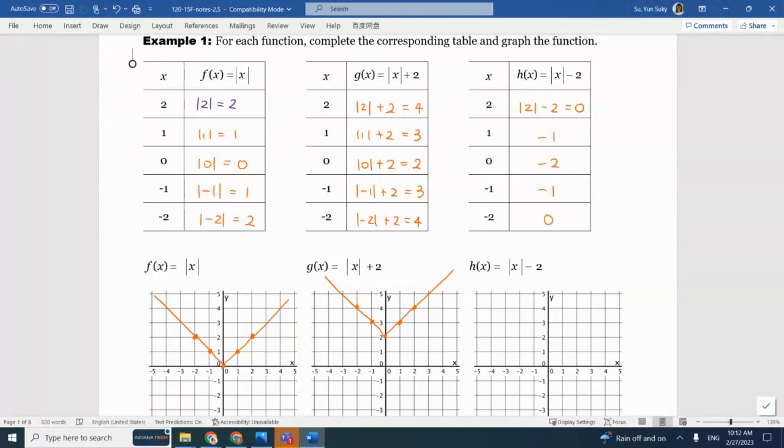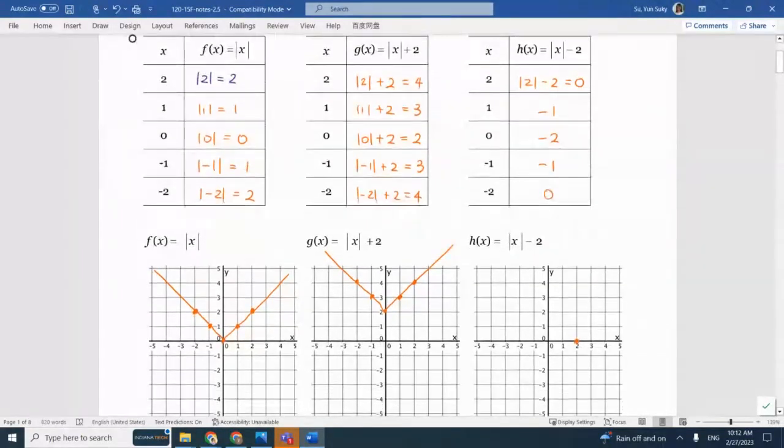So we put them on the graph, right? At 2, that is 0. And 1 is -1. At 0, we have -2. At -1, we also get -1. At -2, we get 0.